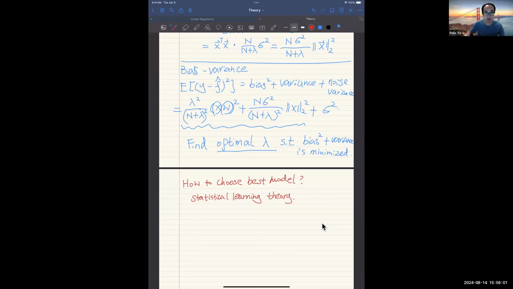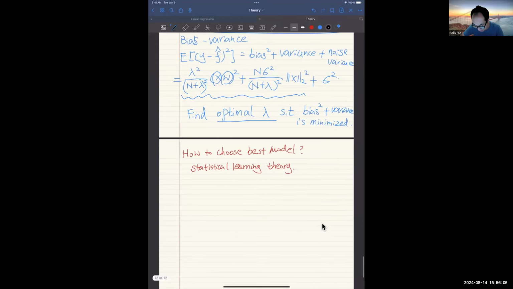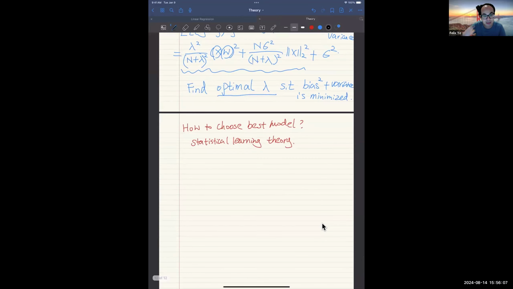This is a very important theory in machine learning. Basically the whole idea is we can rewrite the expected test MSE.